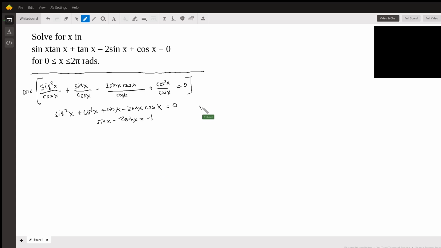So now I'm going to get into my graphing calculator. So for y1, I'll put sine x minus 2 sine x cosine x. And for y2, I'll put -1. And I'm going to enter these into my calculator and then see where the intersections occur.